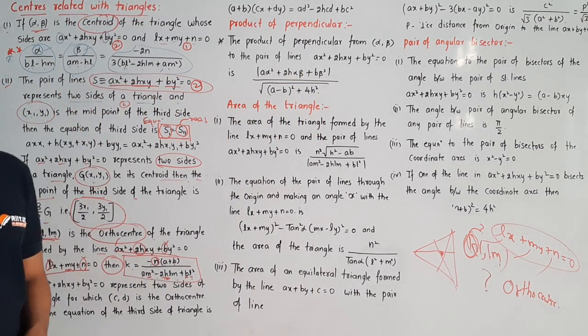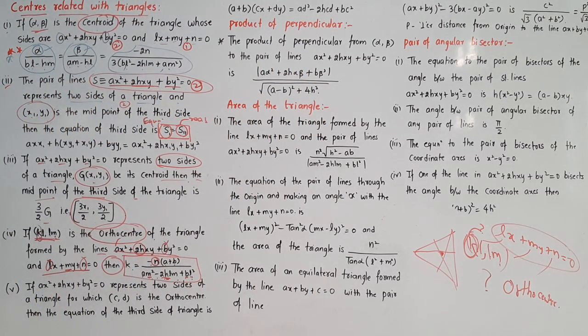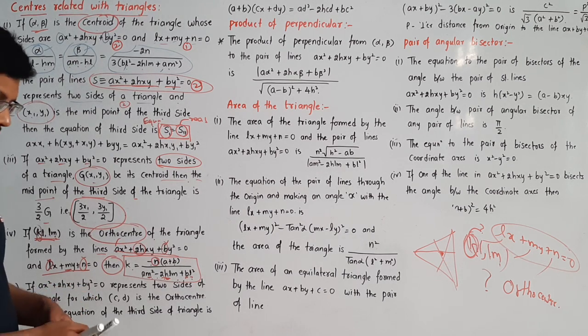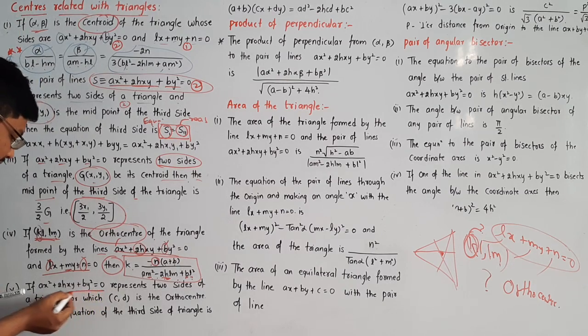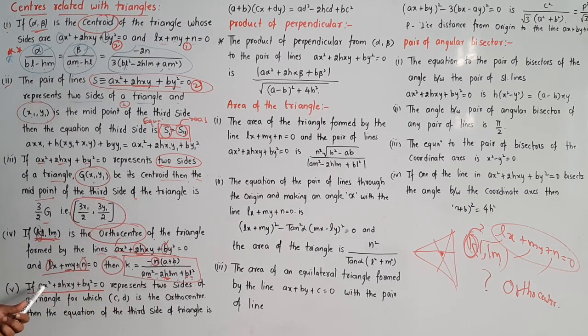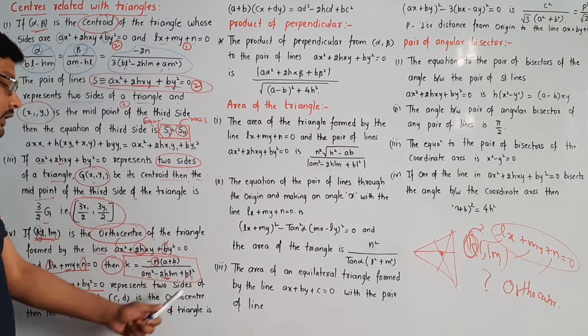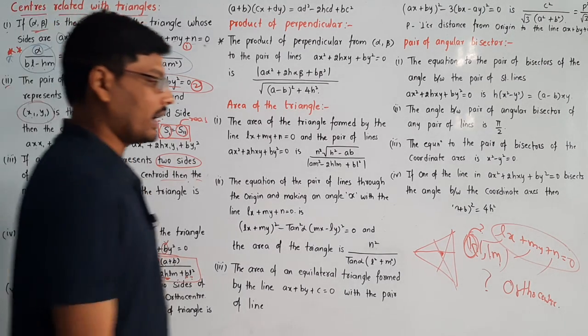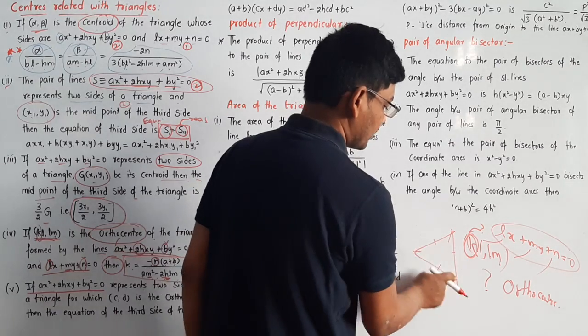Next, what about the fifth point? He has given that if ax square plus 2hxy plus by square is equal to 0 is a pair of straight lines representing two sides of a triangle, as in the previous cases.